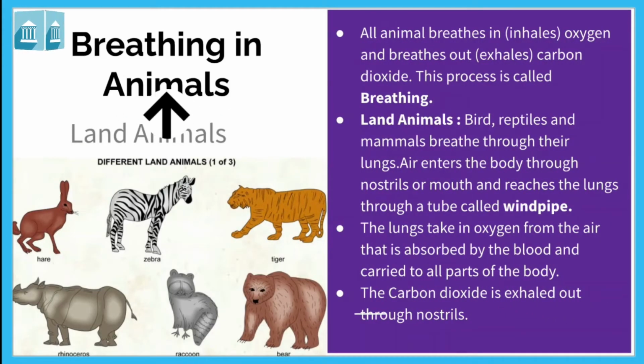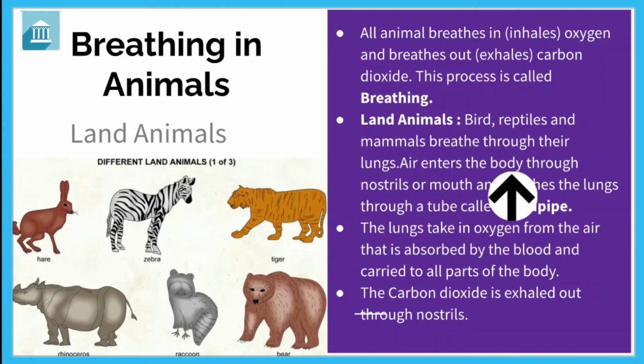Breathing in animals. First topic is land animals. All animals breathe in oxygen and breathe out carbon dioxide. This process is called breathing. Land animals. Birds, reptiles, and mammals breathe through their lungs.